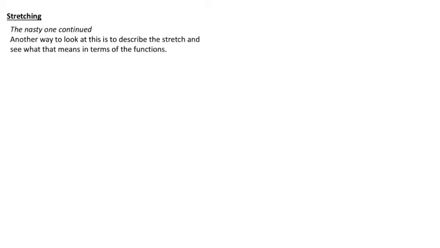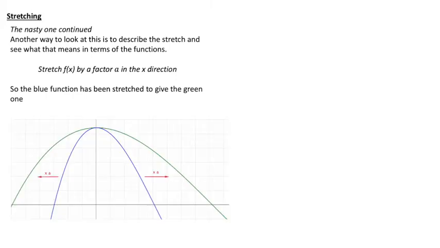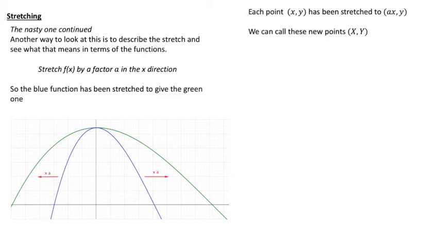We can look at this as well in terms of the functions in a similar way as we did before. So if we stretch f of x by a factor a in the x direction, so this time the blue function has been stretched to give the green one by multiplying by some factor of a. Each point x, y has been stretched to ax, y, so we call these big X and big Y. So we have big X is ax, a little x I should say, and big Y is equal to little y.